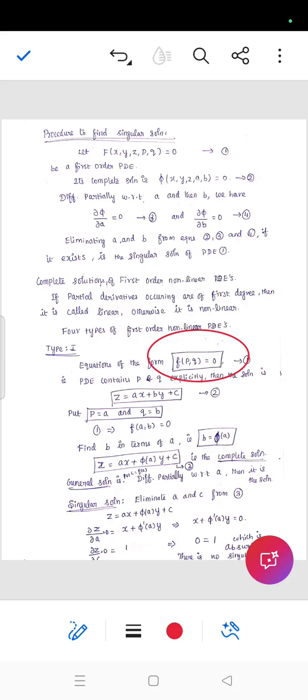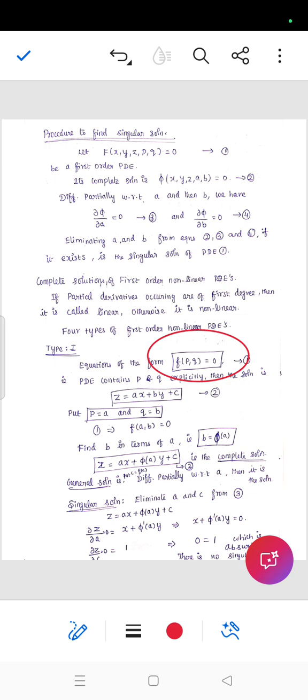We have obtained these relations from the equation z equal to f of x comma y. In the first page we have seen p is given by dou z by dou x and q is given by dou z by dou y. So this is the case if the given equation is only a function of p comma q equal to 0.